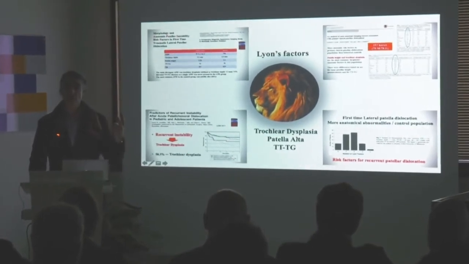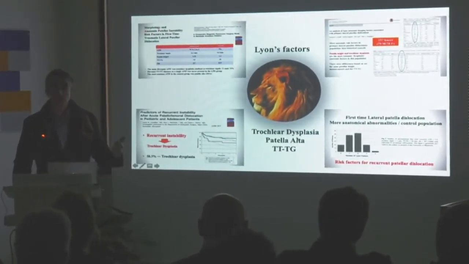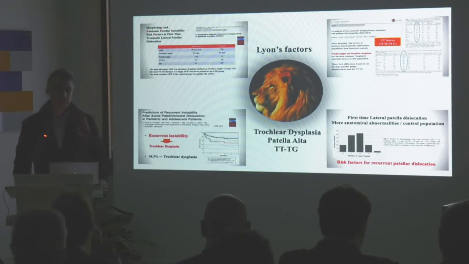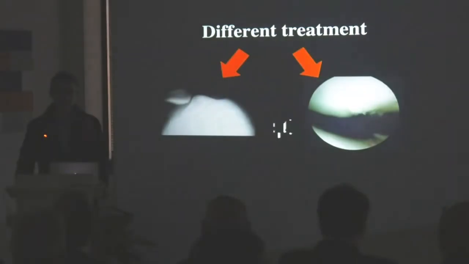And the two biggest are the trochlear dysplasia and the patella alta. The TTTG is something important too, but you will never have isolated TTTG as a risk factor. So it's something combined to the trochlear dysplasia and to the patella alta. So these are the biggest factors.